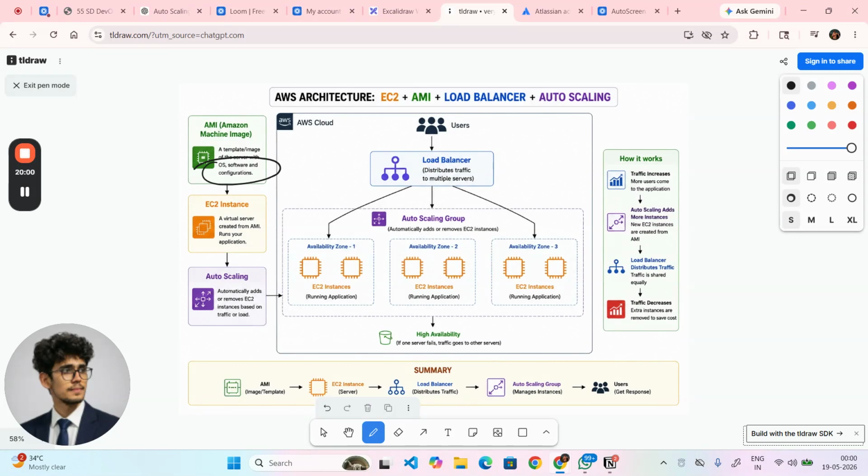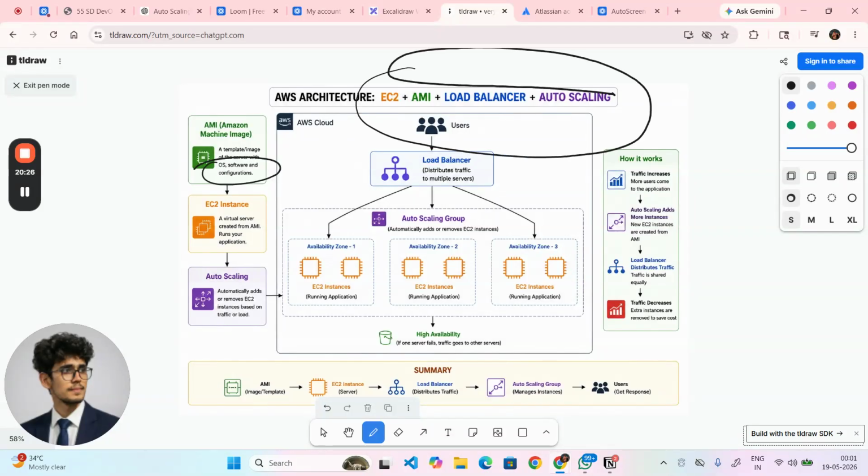Without these things, we are not able to create the AMI. Okay? AMI is nothing but just a duplicate of your real instance. With the help of these four things, we are going to work to manage the traffic.